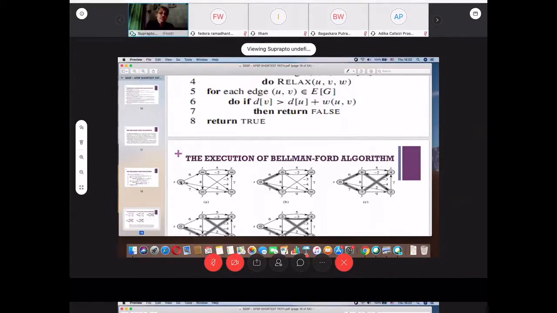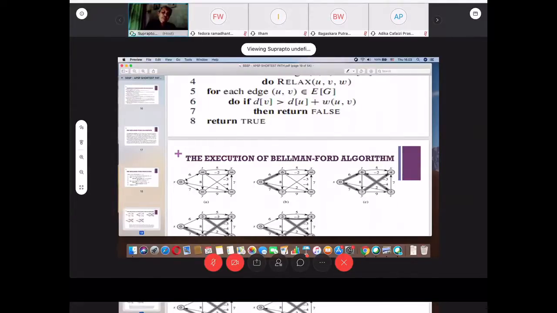Because when the label of the circle of T is infinite, it means the weight of the shortest path from S to T is infinite.